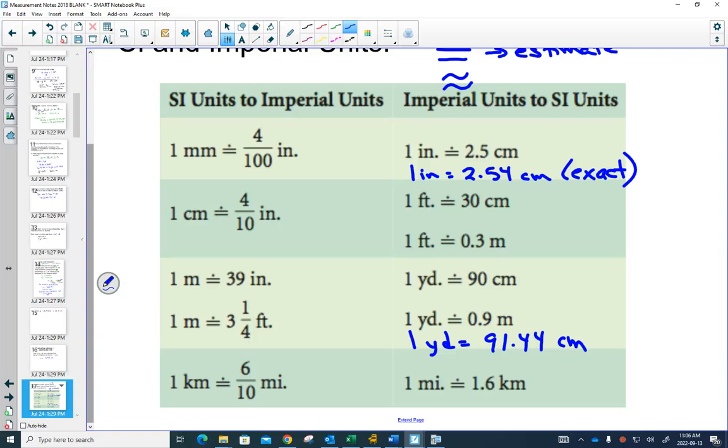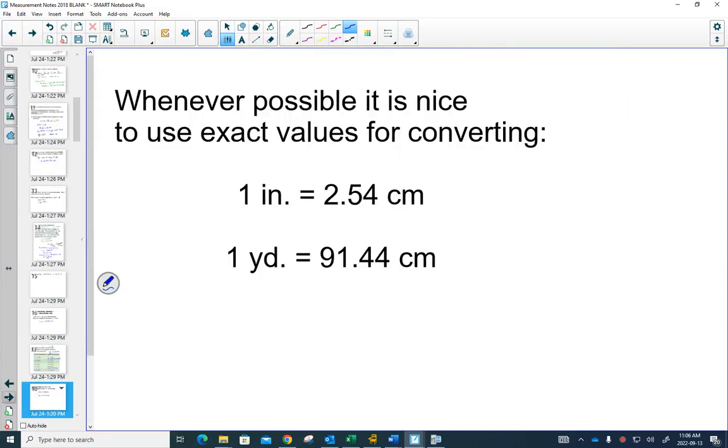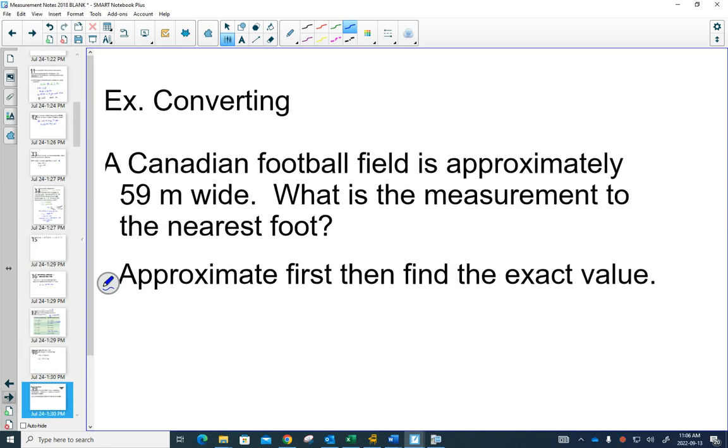They were both right, but they're not the same. Okay? Same thing can happen here. We can sometimes get different numbers depending on whether we used this one or this one. So those are our exact ones, and we like to use those whenever possible. But sometimes we can't.